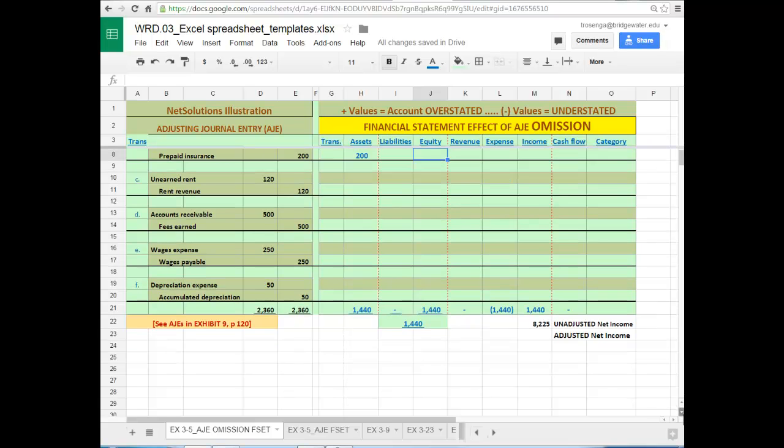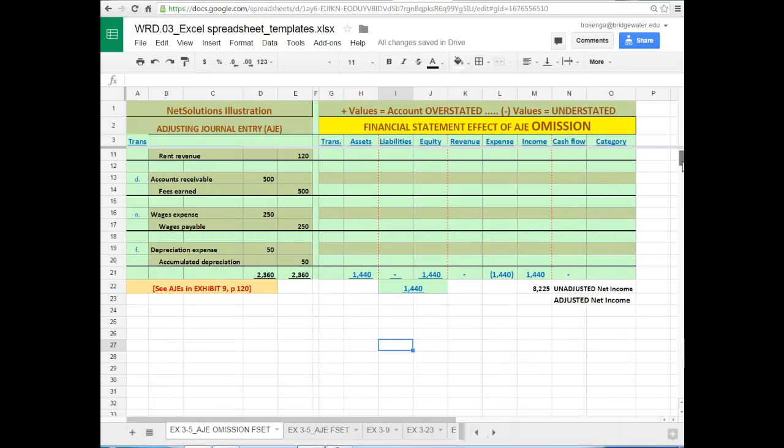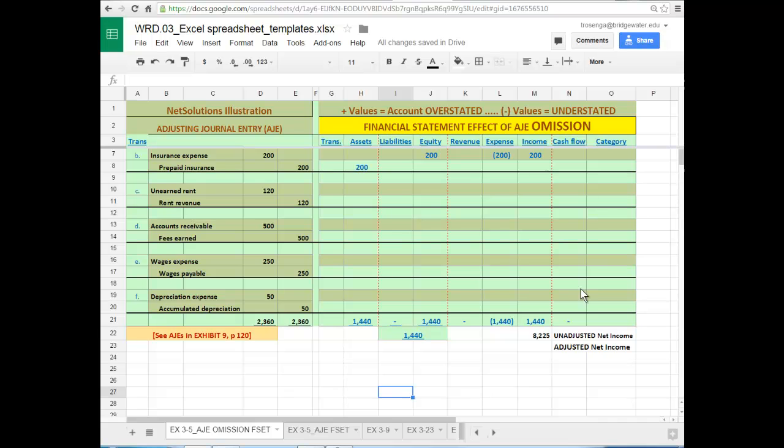Let's examine Transaction C. Okay, in examining Transaction C, we would have omitted the entry making a debit entry to unearned rent, a liability, and a credit entry to revenue, a revenue account. So let's examine the trial balance to see how this would affect the financial statement.